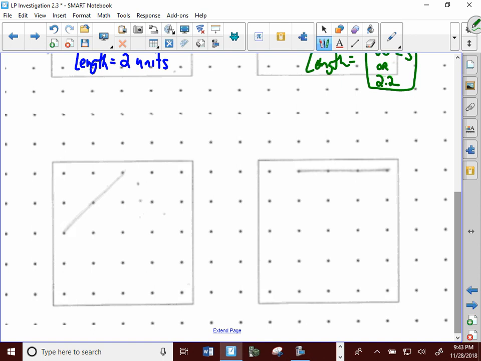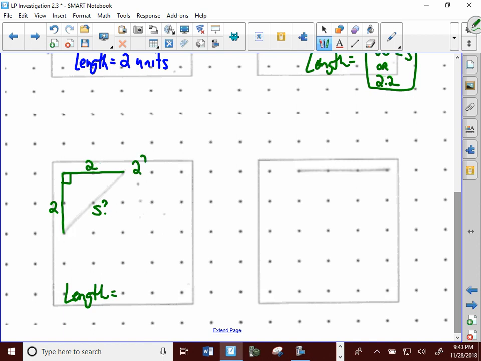All right. So in the right triangle here, we got a diagonal. Okay. So I can make a right triangle. All right. So again, trying to find this length. So I got a 2 and a 2 are my two legs, 2 by 2. So again, I'm trying to find the length.